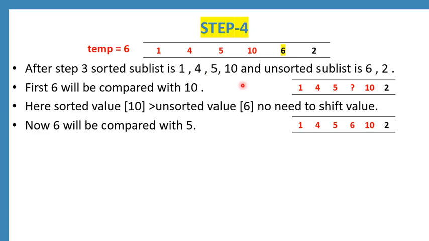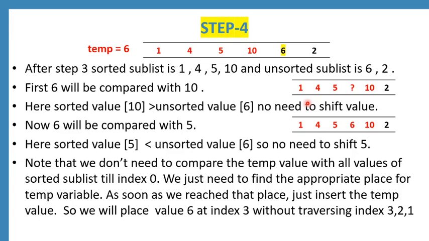But here you have to note that we don't need to compare the temp value with all the values till index 0. We just need to find the appropriate place for temp. As soon as we find a proper place for 6, we will place temp at its appropriate position.